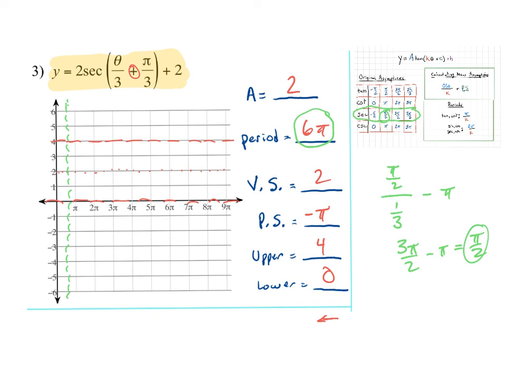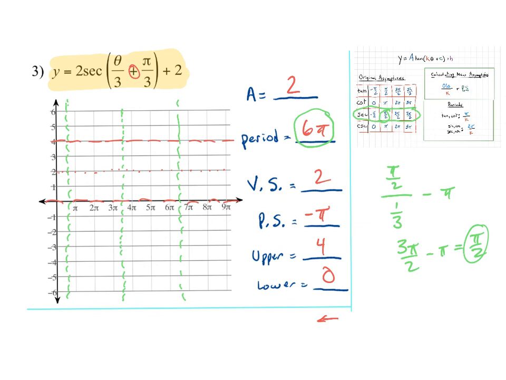So if I'm at pi over 2 and I go out 6 pi, I end up halfway between 6 pi and 7 pi. Now that's the entire cycle, but don't forget, smack dab in between there, we also have an asymptote where the branches switch. That's going to happen straight in between, at 7 pi over 2, which is between 3 pi and 4 pi.